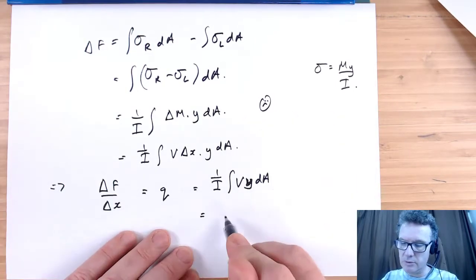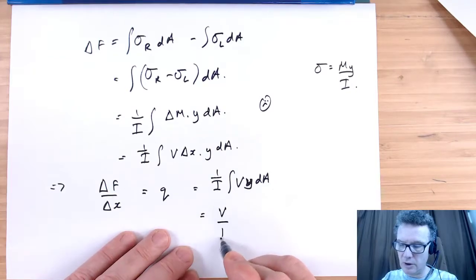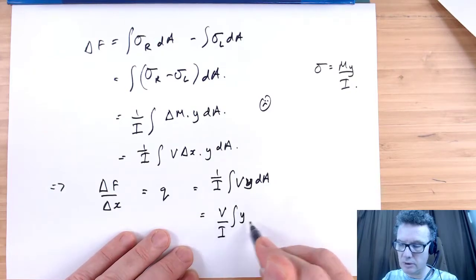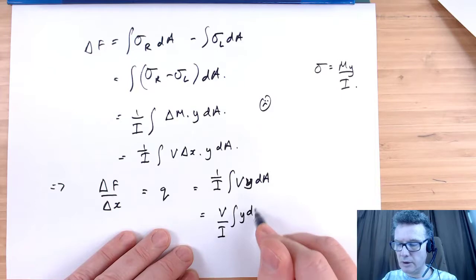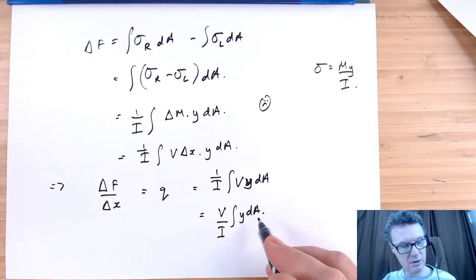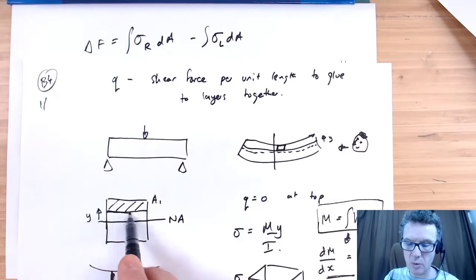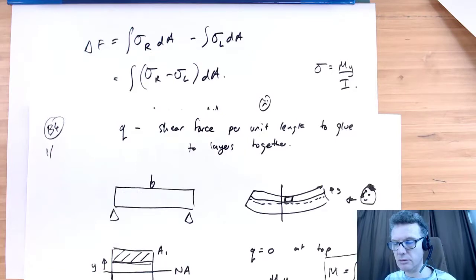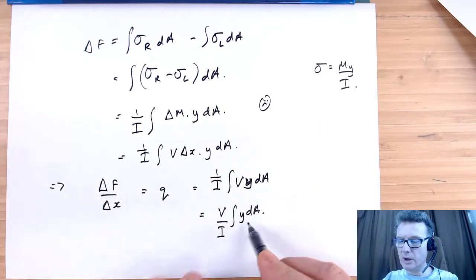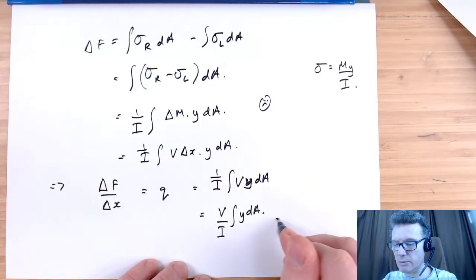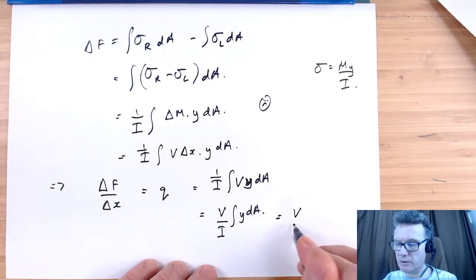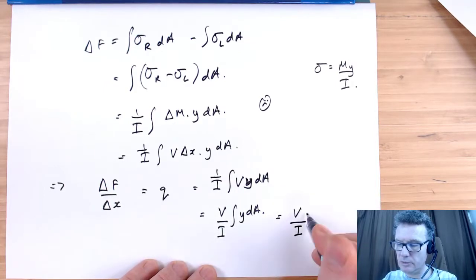So that then gives me V over I, the integral of y delta A over the area. And you can see now why we need to integrate from the y up to the top, so it's that total section. And then we just replace this bit here with the definition Q.